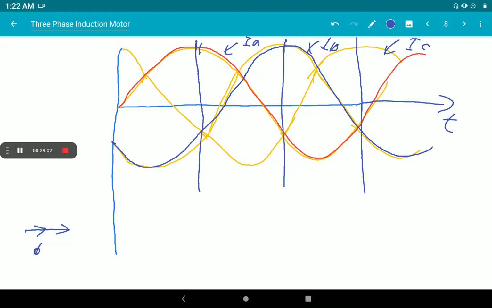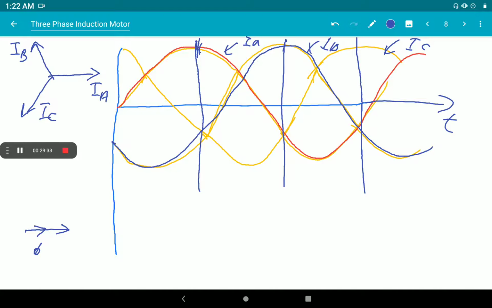Let's see. When we consider the first peak here, what will be the current direction? We know the directions of IA, IB and IC from where we placed the windings. This is IB and this is IC, right? We placed the windings in these three directions. So the current direction will be in this direction, with 120 degree phase difference apart.